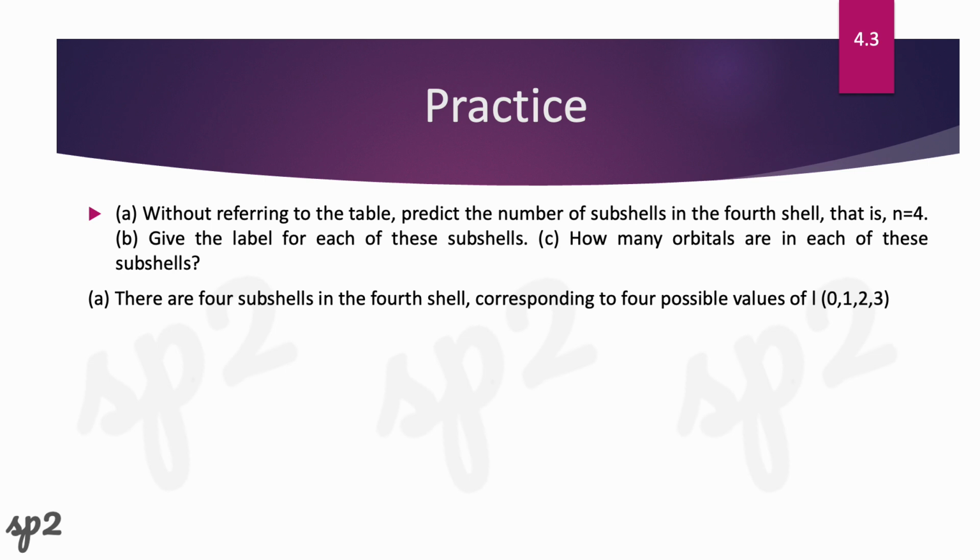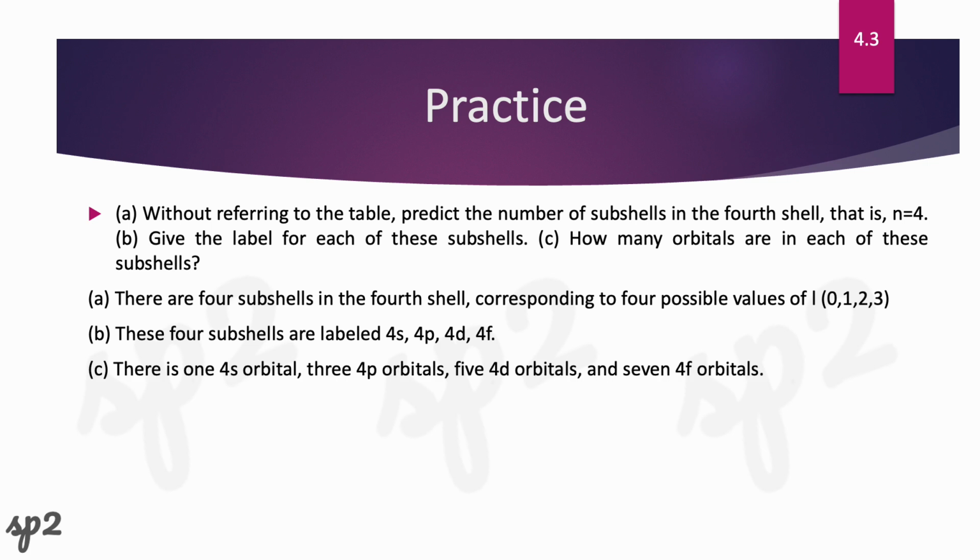Now the next section says give the label for each of these subshells. Sure, if I have 0, that should be 4s. If I have 1, it's going to be p, so 4p, and then I have 4d and 4f. So these are the 4 subshells that we have in n equals 4.